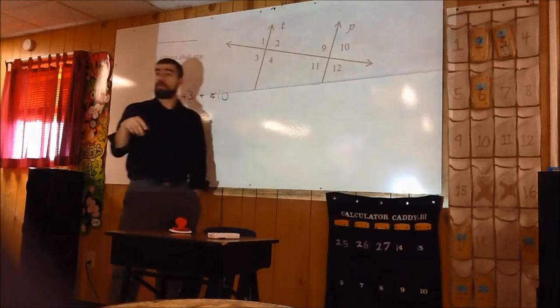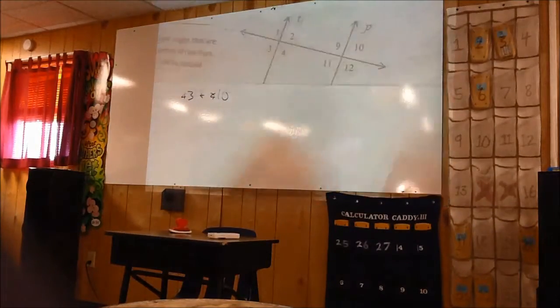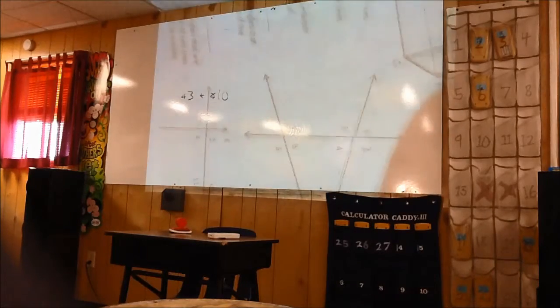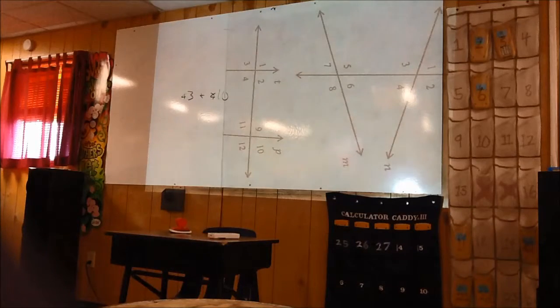Well, the really neat thing about paper is that it can rotate. Right? So we're going to rotate this piece of paper 90 degrees so that my transversal is running vertical, up and down.